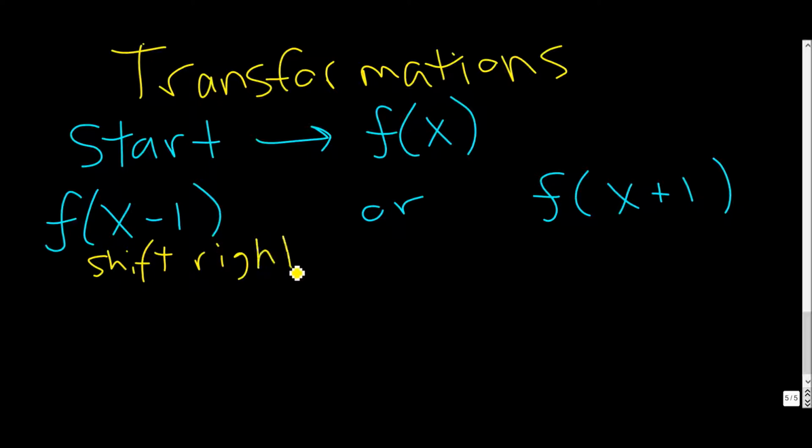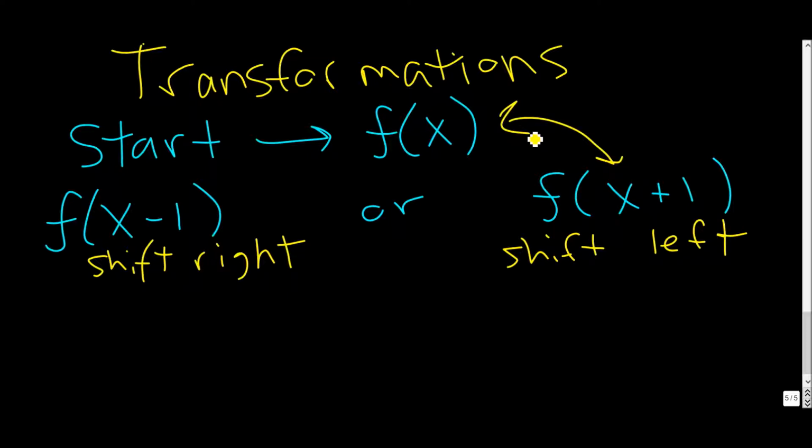Now you may say, well, if I'm adding 1, why is it shifting away? The way you want to think about this is, if we compare these two right here, f of x and f of x plus 1. If we're talking about f of 5, well, for the top graph, x has to be 5 in order to match that.